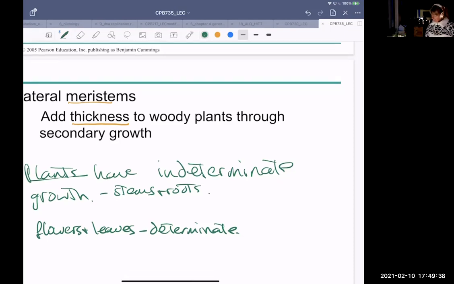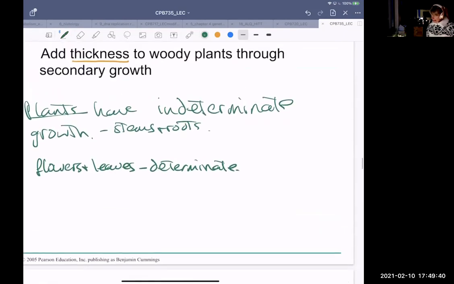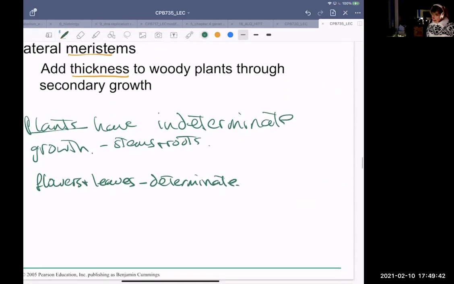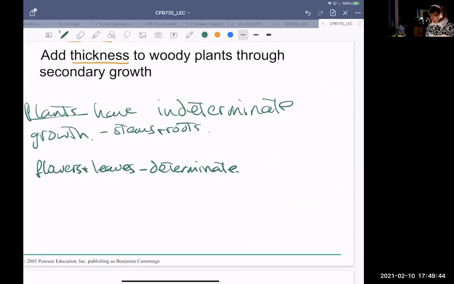So there's different kinds of growth. We call annual plants those with a complete life cycle in a year. A life cycle is from seed to death, basically.